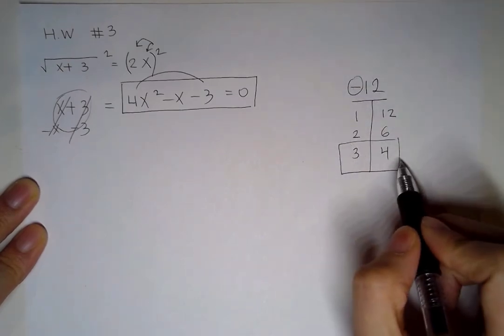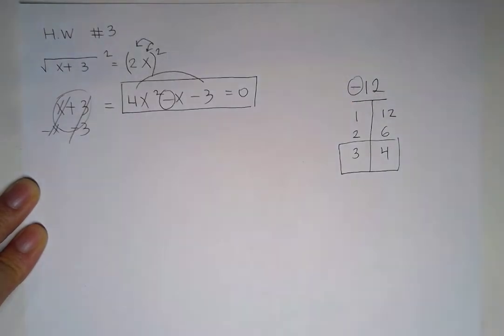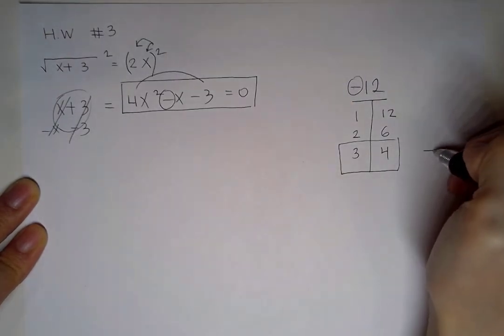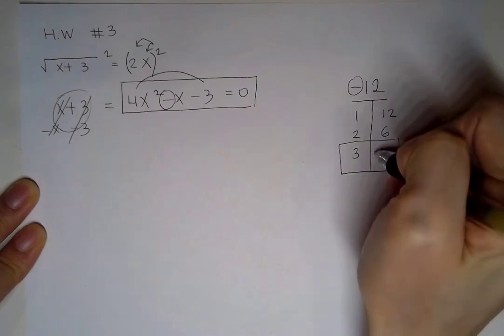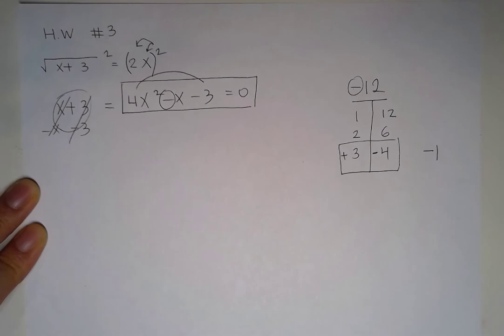We are subtracting, so that makes 1, but actually you need to get negative 1. So I want to make it negative 1. Then the bigger number takes the negative sign, right? So my numbers are plus 3 and negative 4.